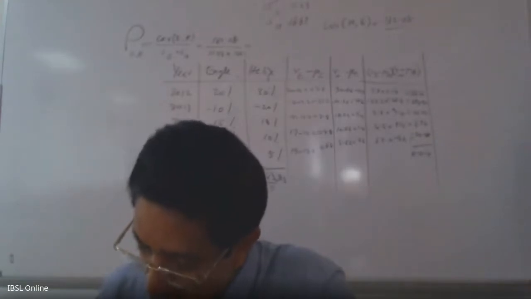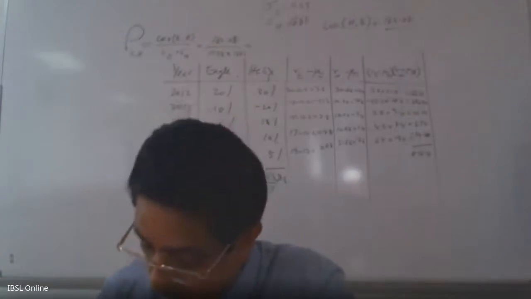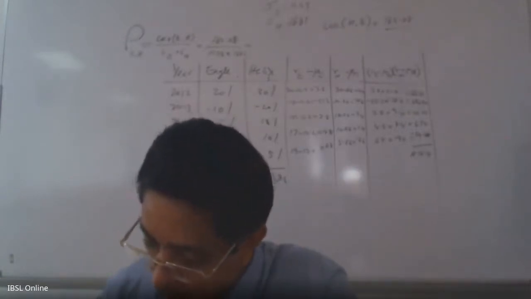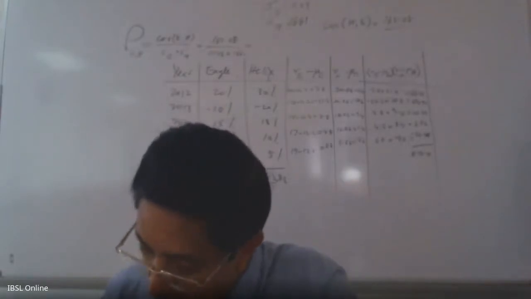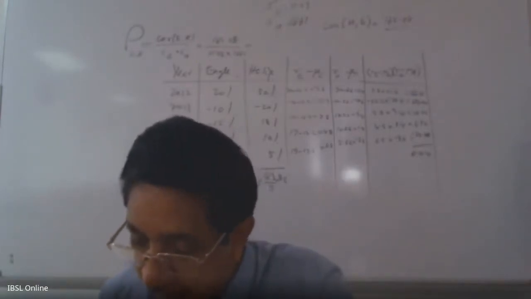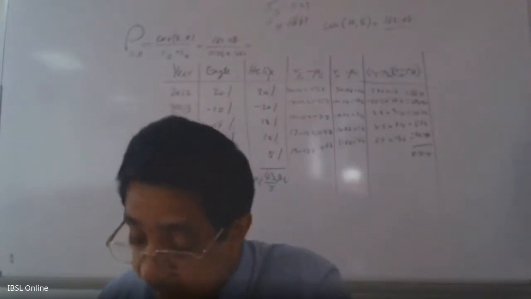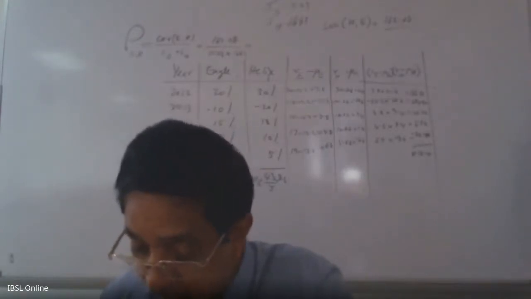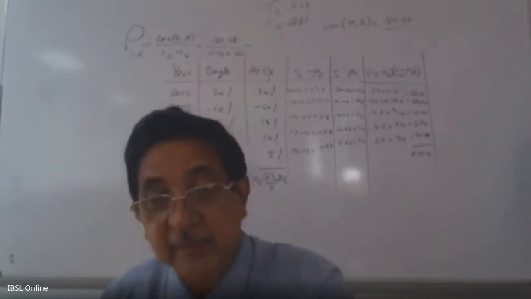See, 0.8689, or if you put it into 3 decimals, it is 0.869. 0.869 is the correct answer. The correlation coefficient is 0.869.